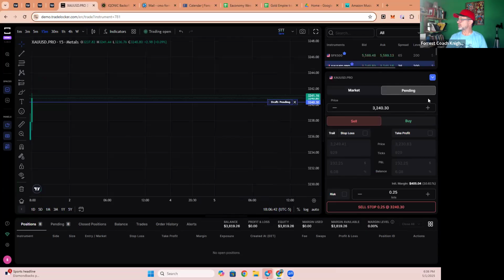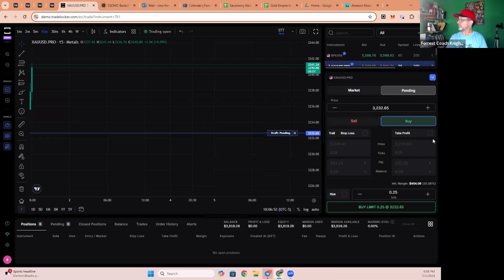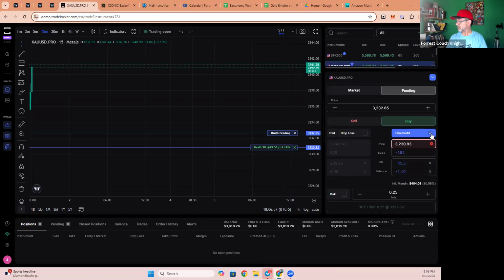So 32.65 would have been the entry. It was a buy, and we'll just say TP1 32.4675.